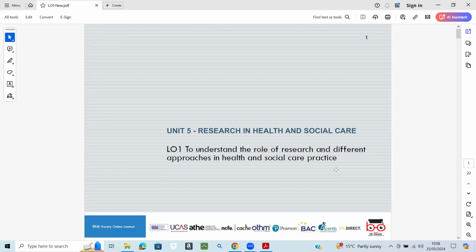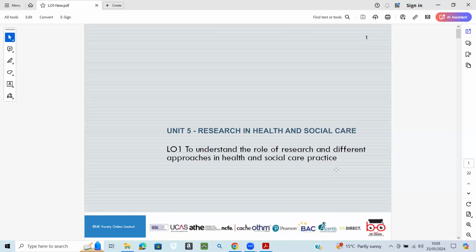For example, a study on the impact of a new public health campaign might use quantitative surveys to assess reach and effectiveness, and focus groups, which would be qualitative, to gather detailed feedback on public perceptions and experiences.